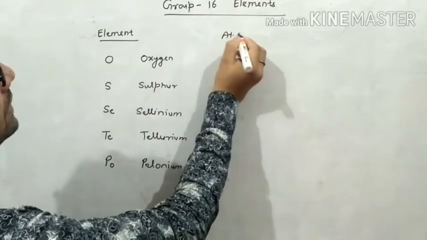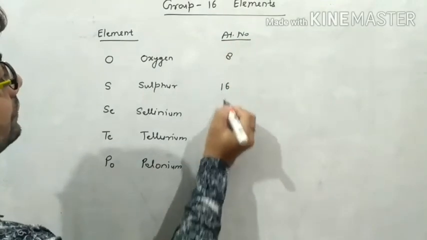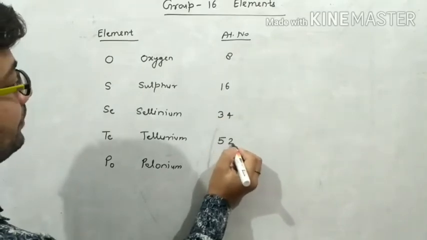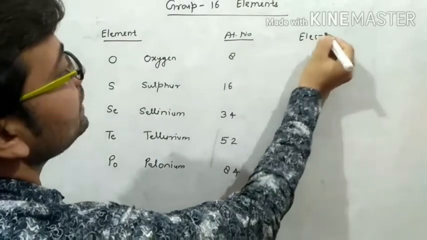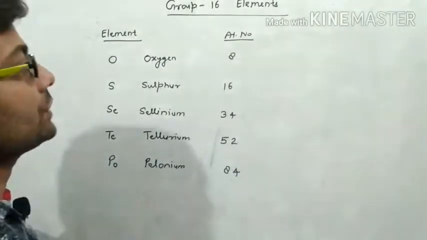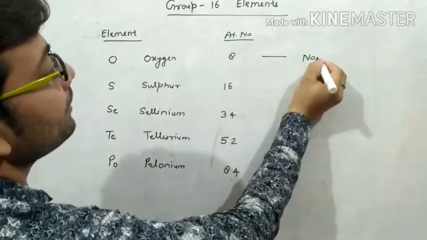Atomic numbers of these elements are 8, 16, 34, 52 and 84. Before starting the electronic configuration: oxygen is a non-metal.